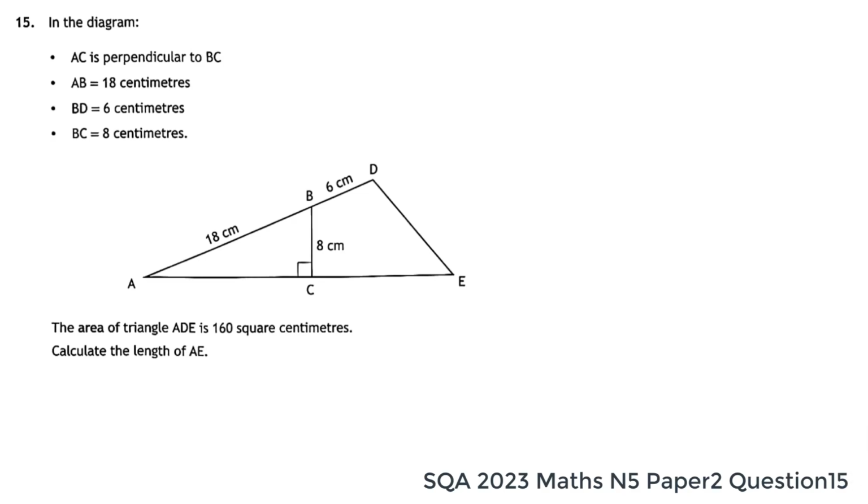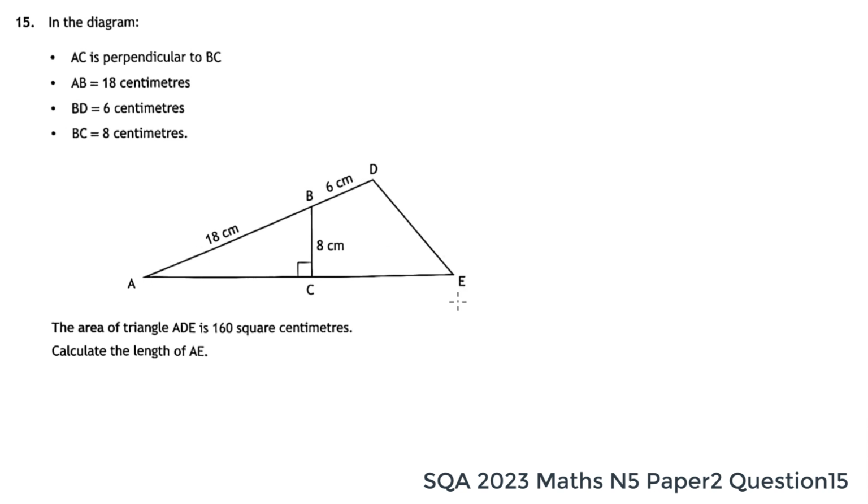So here's question 15, and we're dealing with a triangle ADE, of which we know the area 160. Now, the area of a triangle can be found in 2 different ways. If it's a right angle triangle, then we can use a half base times height.